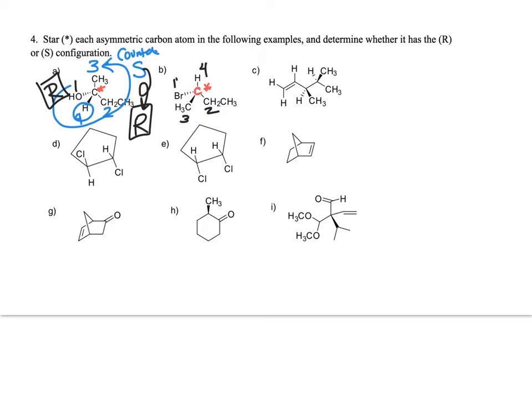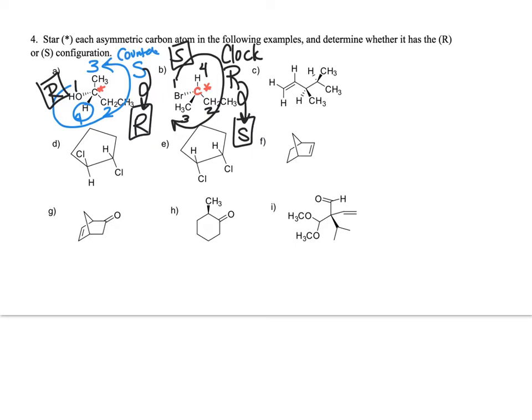And then we connect the dots, 1, 2, 3, and just ignore 4. Now is that clockwise or counterclockwise? Yes, that's clockwise, so that's going to be R. But our hydrogen is in the plane. Do you see how it's got a straight line? It's not in the back, so then R has to be switched to S. And so that compound would be S.